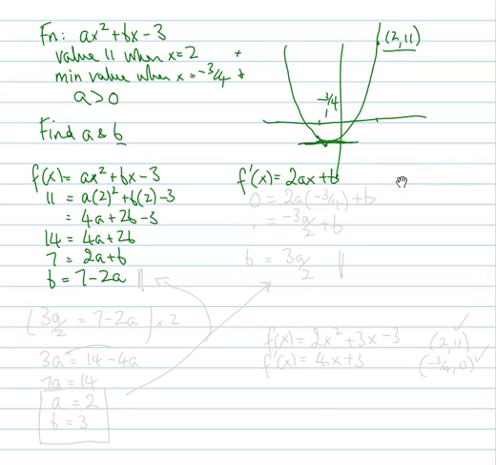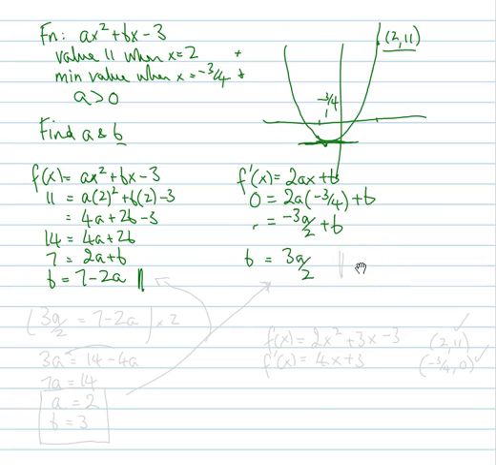And we know that's equal to 0 when x is equal to minus 3/4. Let's multiply that out: minus 3a over 2 plus b. Move this over to the other side, so we get b equals 3a over 2.